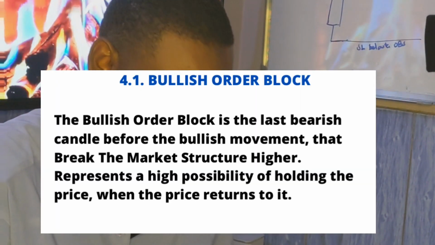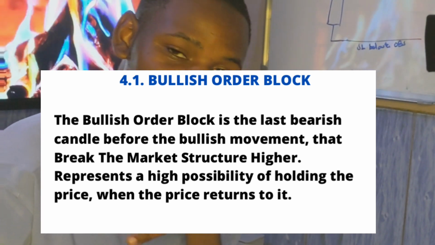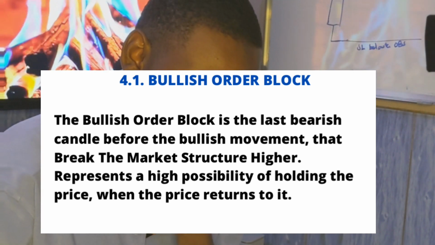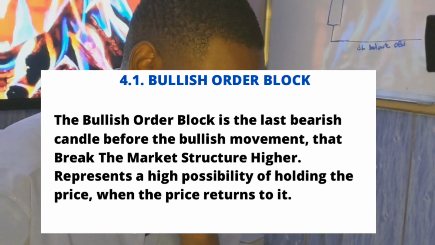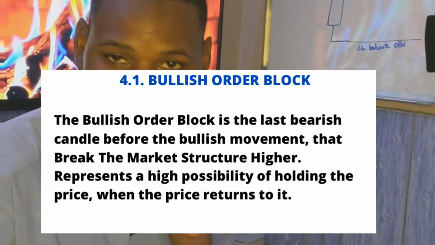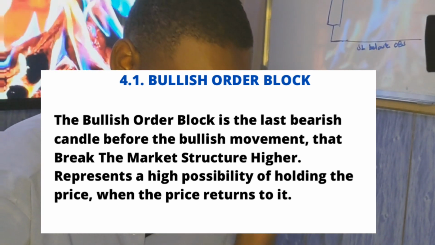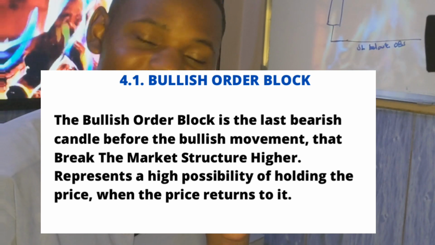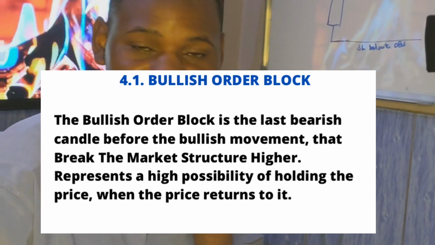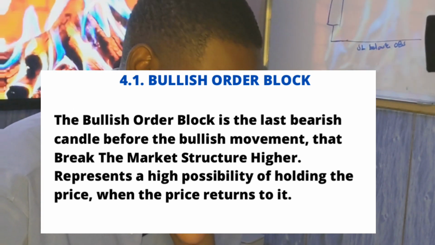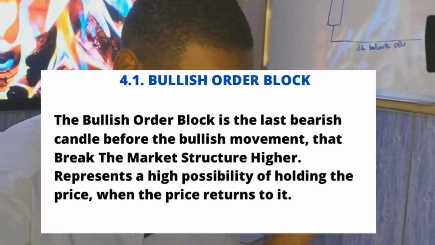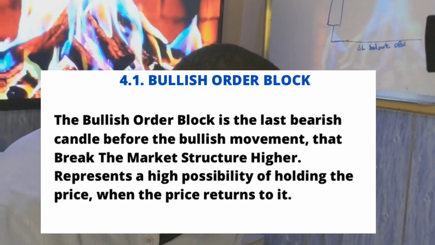On a bullish order block, we focus on three things. If they happen, we call it a bullish order block. The first thing is that the last bearish candle must be there: the last bearish candle before a bullish movement that breaks the market structure high. Let's check.